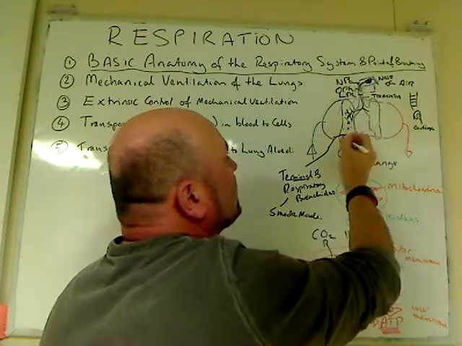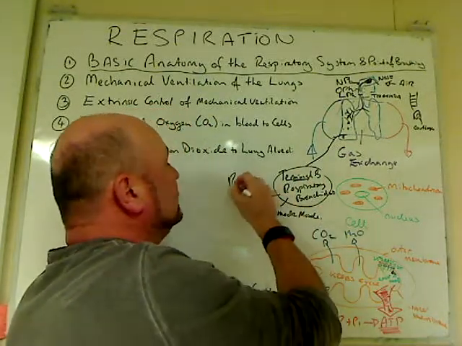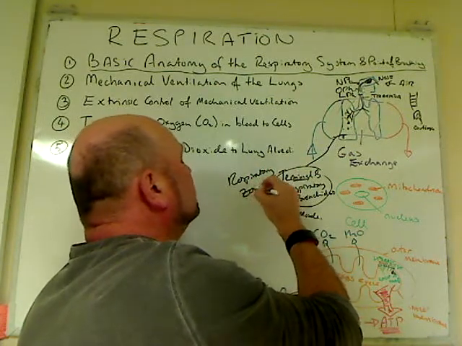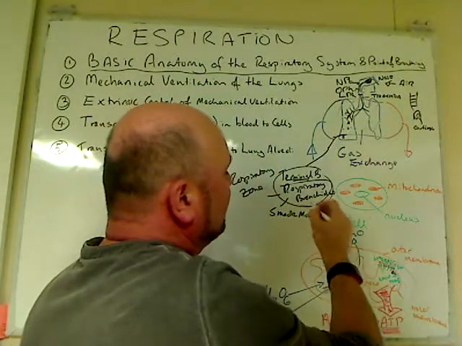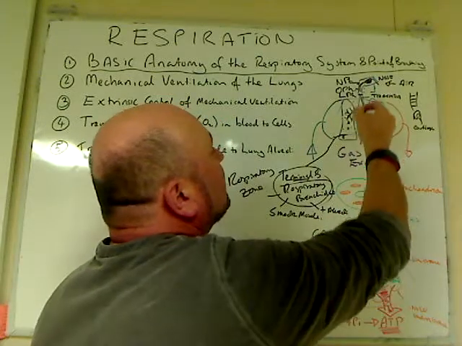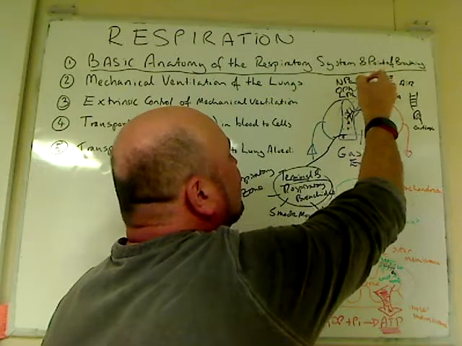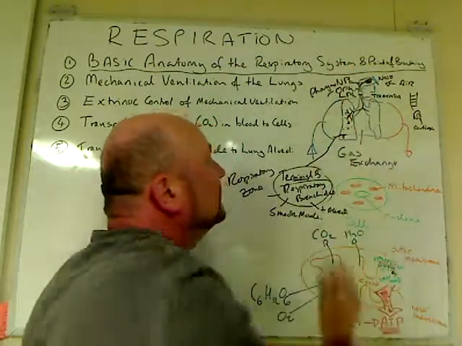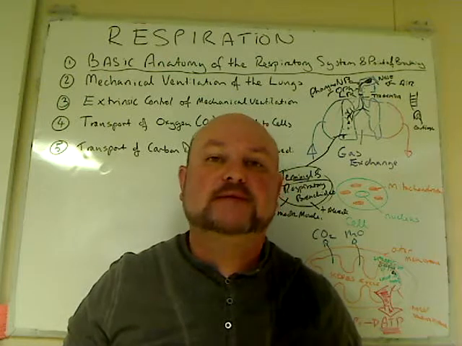The vulnerable parts are this bit here, the terminal and respiratory bronchioles, which is part of the respiratory zone, which is essentially the respiratory bronchioles plus alveoli. And in the conducting zone, all open, but this part of the conducting zone here, the pharynx, which is the back of the throat, is also not held open with cartilage, and that makes it vulnerable to swelling.